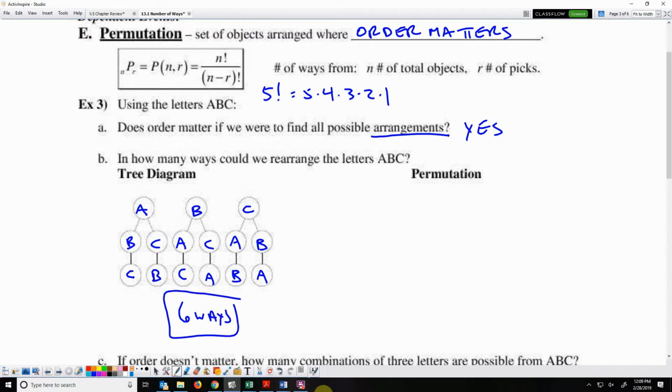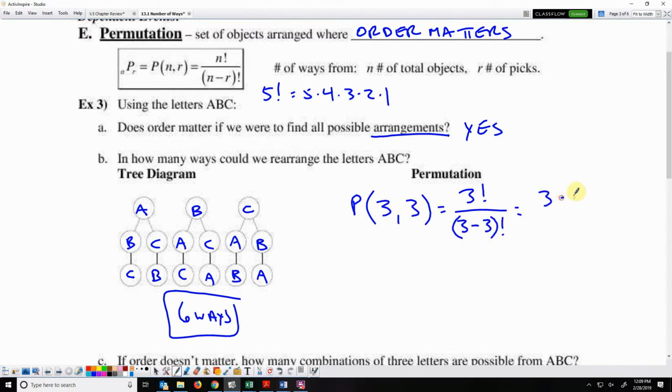Or if we do this as a permutation. So a permutation with N and R, 3 total objects using all 3 of them, is N factorial, the total number factorial. So that's 3 times 2 times 1. Let me just back it up and write that that is 3 factorial over N minus R factorial, 3 minus 3 factorial.